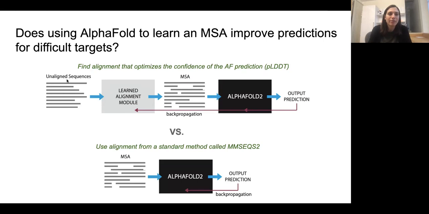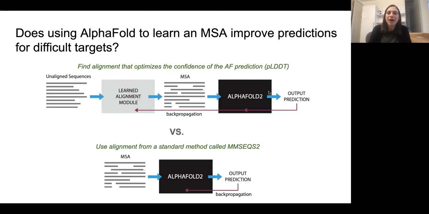We wanted to compare what happens when we input a set of unaligned sequences to our learned alignment module, which outputs a multiple sequence alignment. We put that into AlphaFold, which outputs a prediction. And now we're going to try to optimize the confidence, the pLDDT, of the prediction, and use this loss function of optimizing the confidence in order to update our alignment.